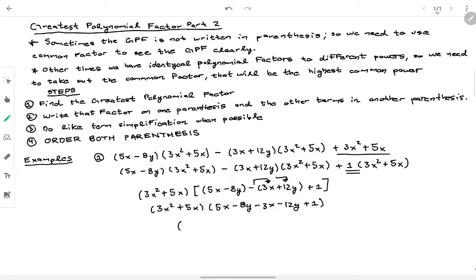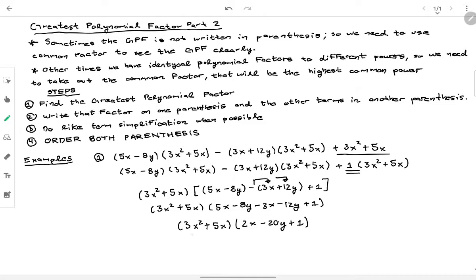So it's going to be 3x squared plus 5x that multiplies, in this case, 5x minus 3x, it's 2x, minus 8 minus 12, it's minus 20y plus 1. Remember, when inside the parentheses we can take out something as a factor, we need to take it out.